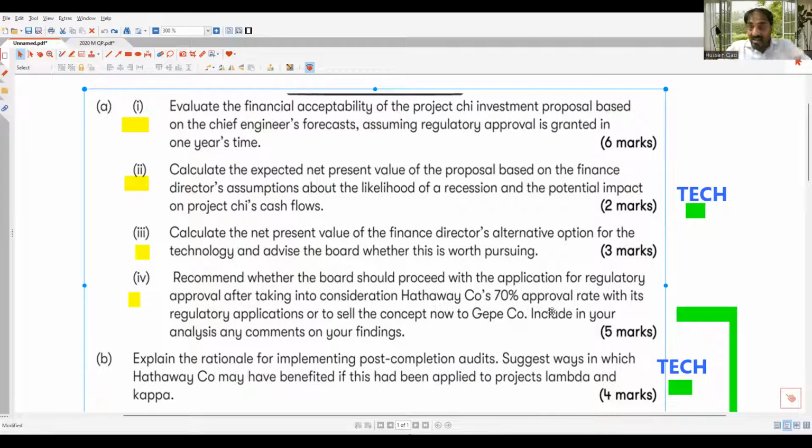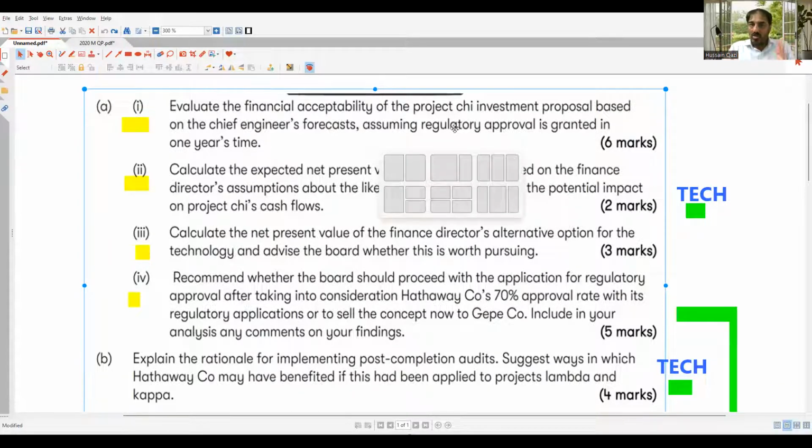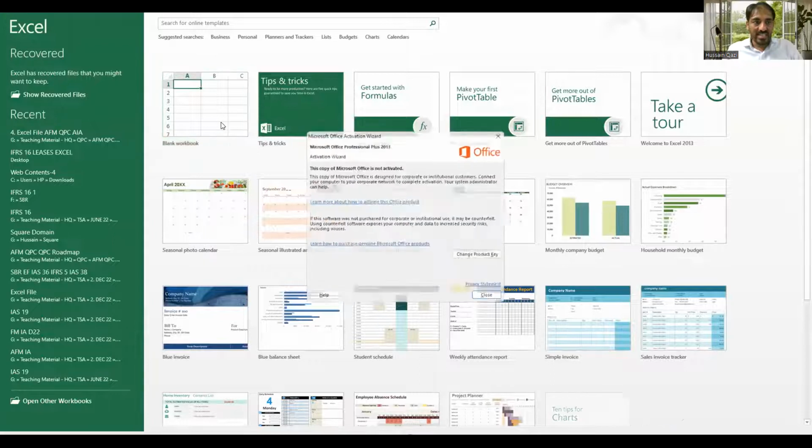For example, if we are calculating something, we must make sure the calculation is right, number one, and we use the Excel or spreadsheet functions, and our working is properly structured and properly labeled. Then we automatically get the technical marks and the PSM.